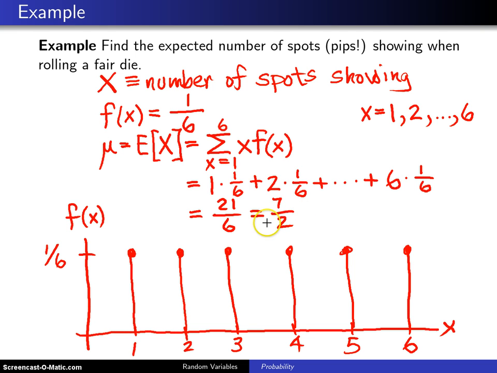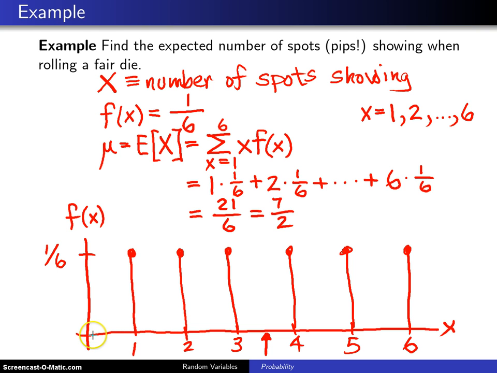Next, the mean of this distribution is 7/2, which is 3.5, and that falls right here. So in addition to that probabilistic interpretation of 7/2, it also has a physical interpretation.